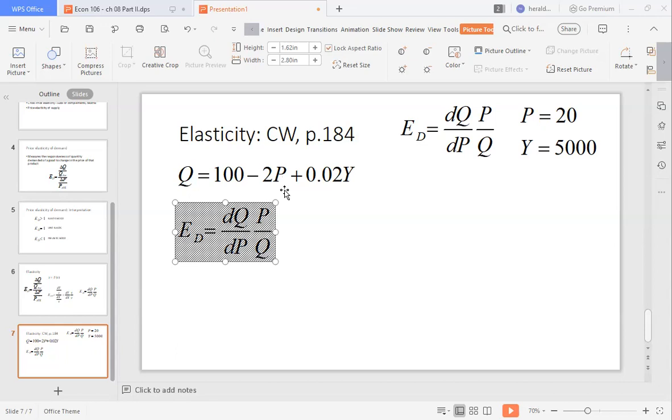We also have P of 20 over Q of 160. Let me just get my calculator for a while, class.